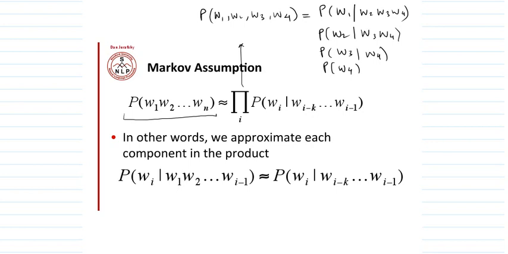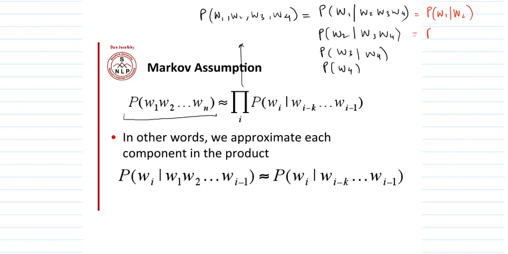But when we apply the Markov assumption, we are just assuming that this whole term will be replaced by P of W1 given W2.